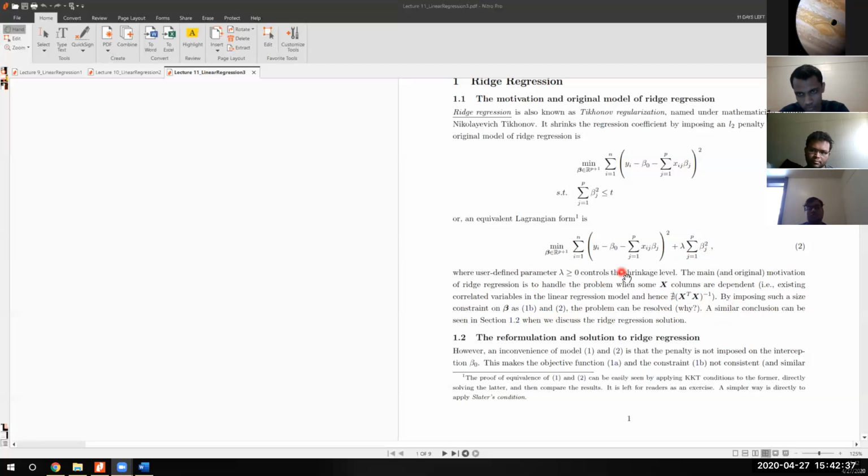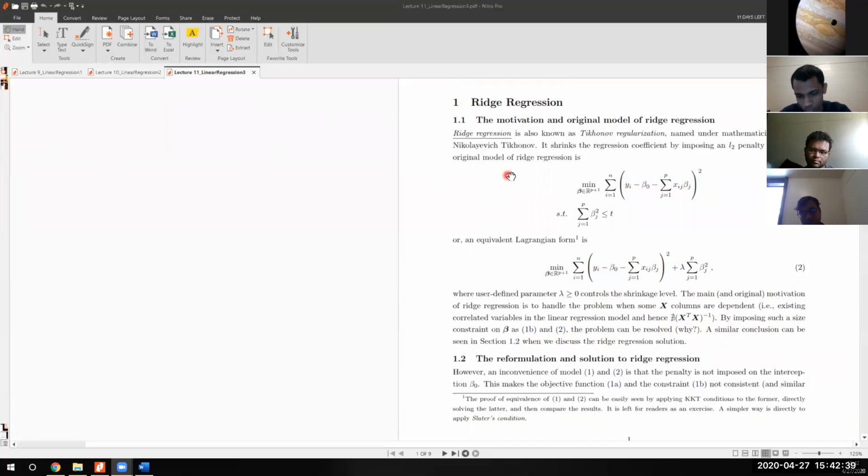This is also the original idea behind the name, Tikhonov, a Russian mathematician. That was the original purpose for him to propose ridge regression: to handle this problem by adding this regularization part.